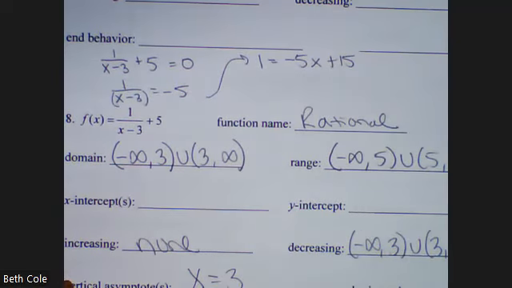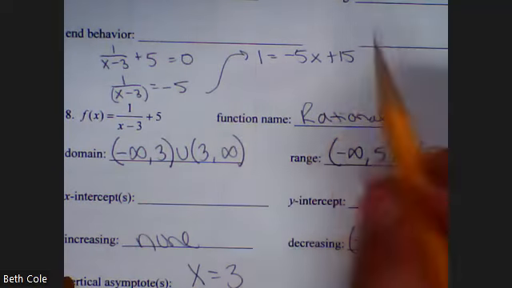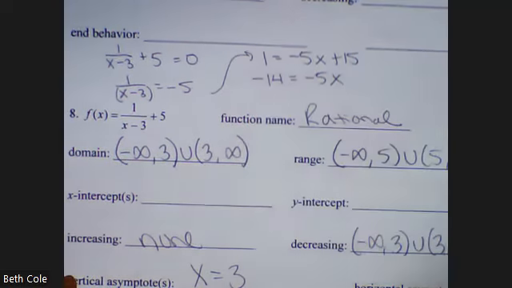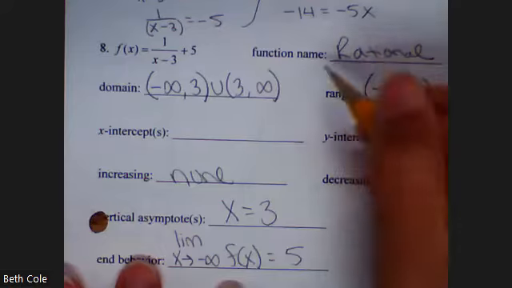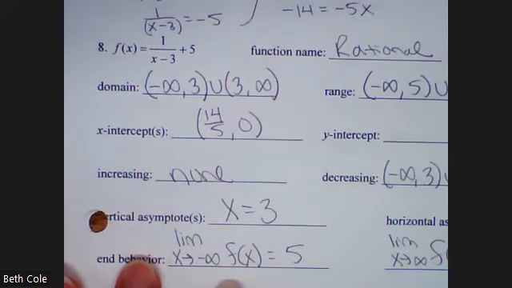And now it doesn't look so bad, because we got rid of the fraction. So then what next? How would we finish that up? We're almost there. Minus 15. 1 minus 15, negative 14. Negatives cancel, and you don't have a calculator, so just leave it 14 over 5, comma 0. Yay.